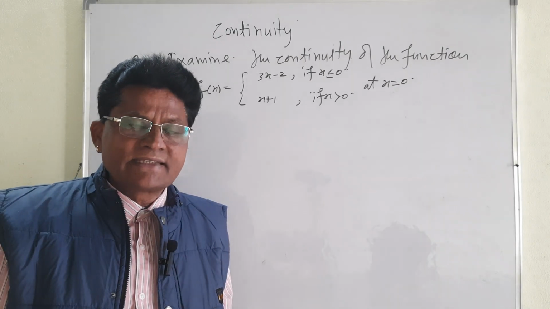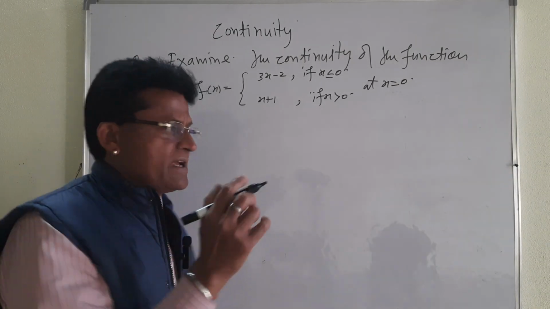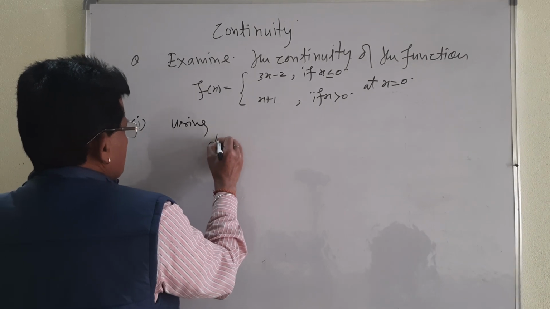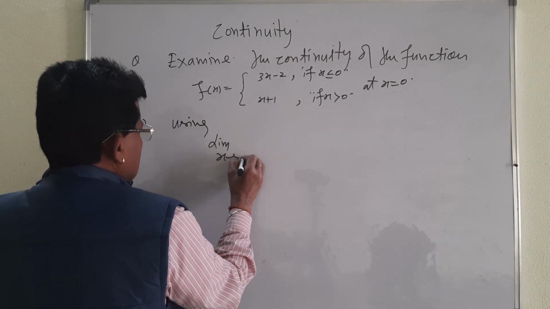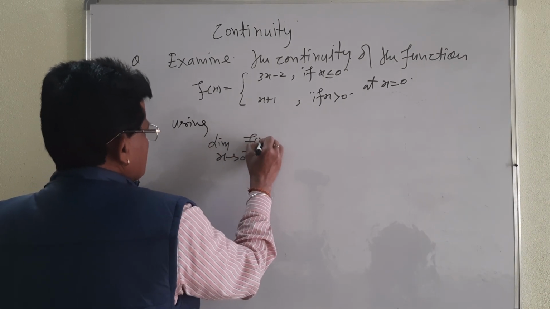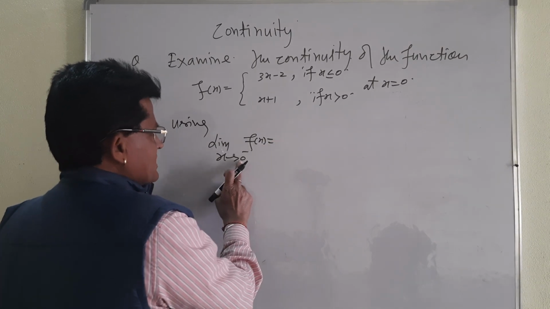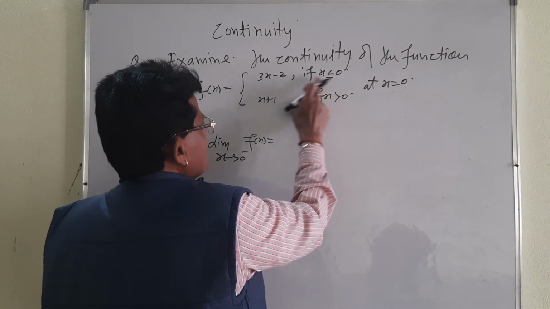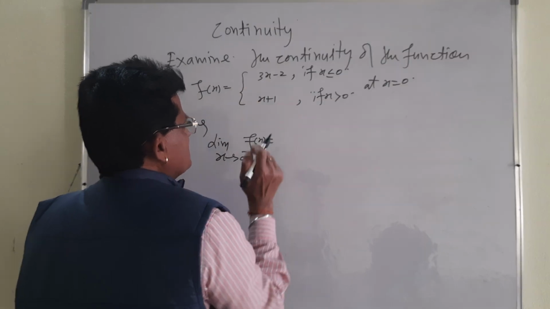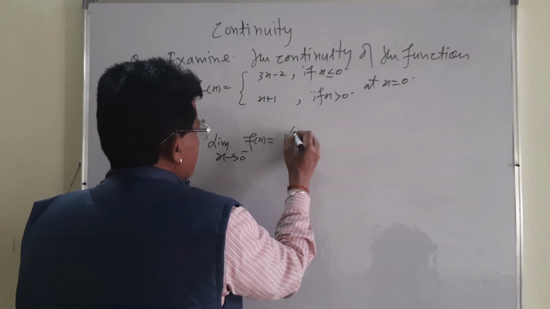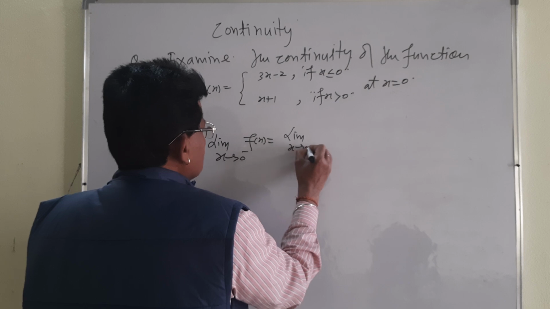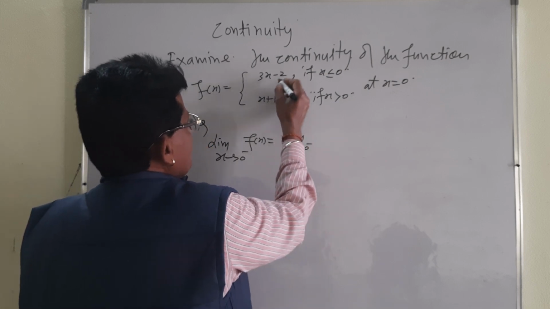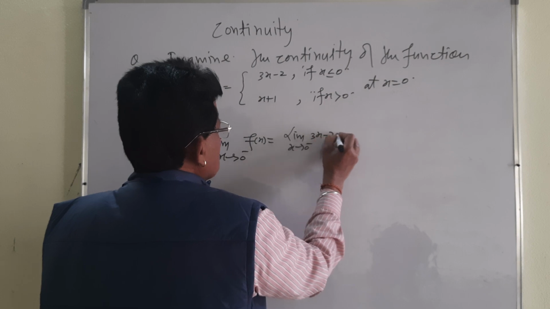x less than 0 means we will take the left limit, using the limit as x tends to 0 from the left of f(x). What is its meaning? x is less than 0. The function is 3x minus 2. Limit as x tends to 0, and in place of f(x) it will be 3x minus 2.